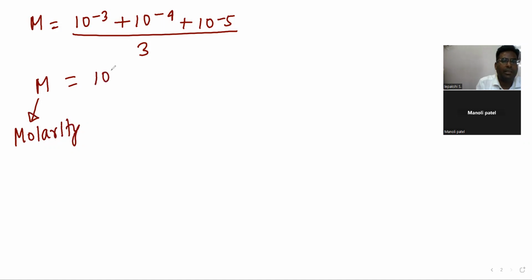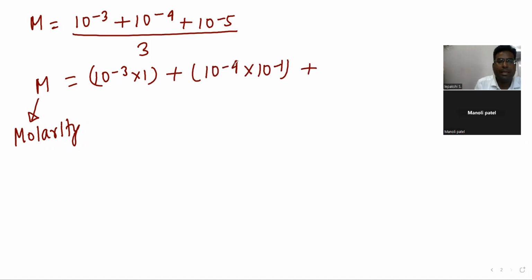See here, this can be written as 10 raised to minus 3 into 1, the first one. In the similar manner, the second can be written as 10 raised to minus 4, which I have split into two parts, 10 raised to minus 3 and 10 raised to minus 1.